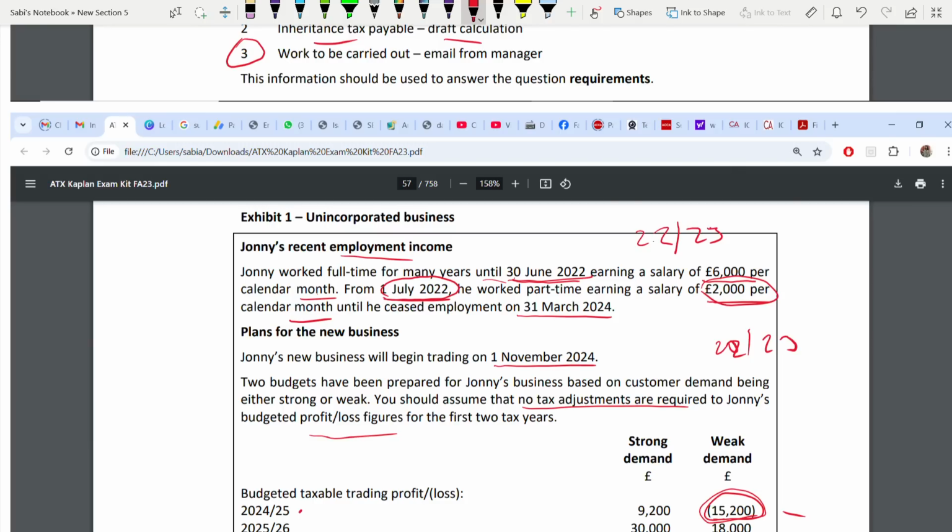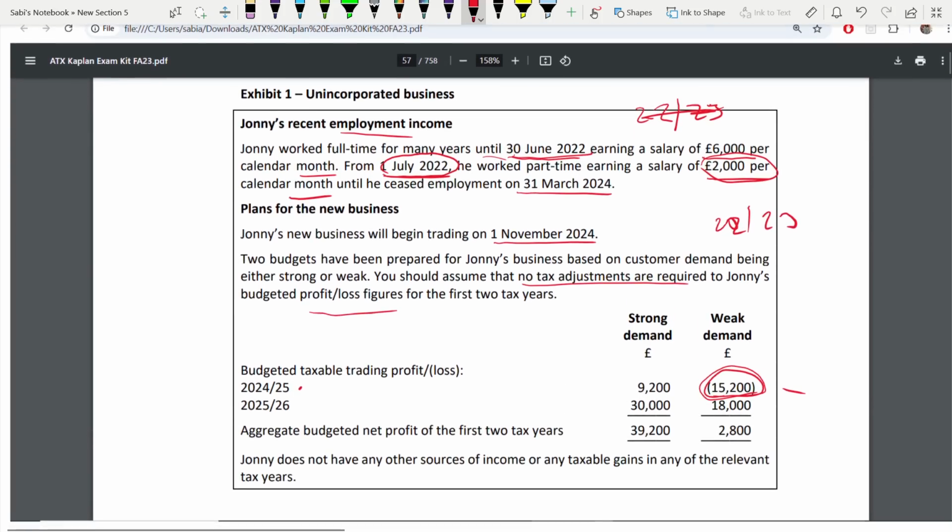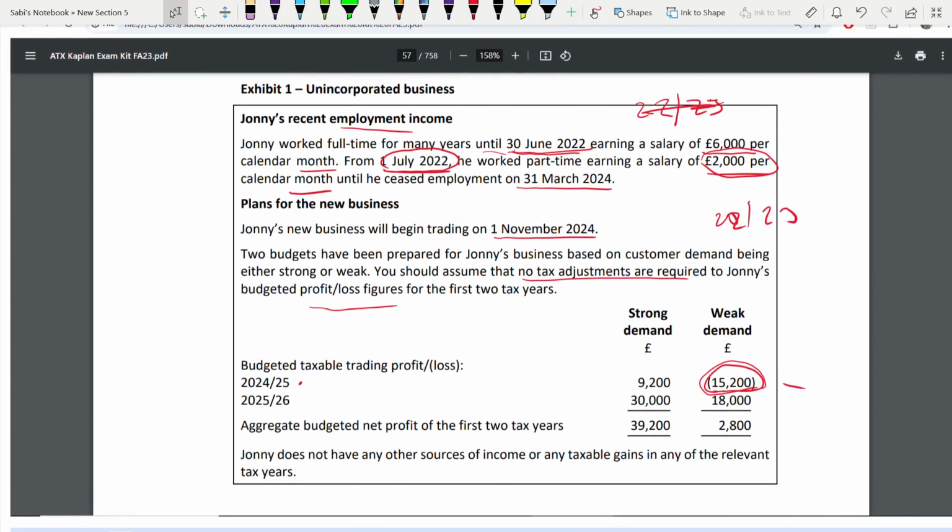So from 1st of July 2022 until 31st March 2024, he was earning 2000 salary every month.